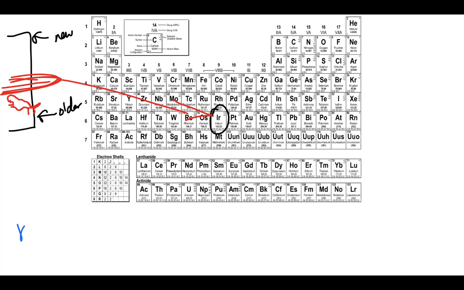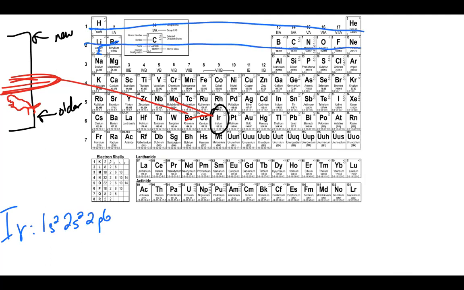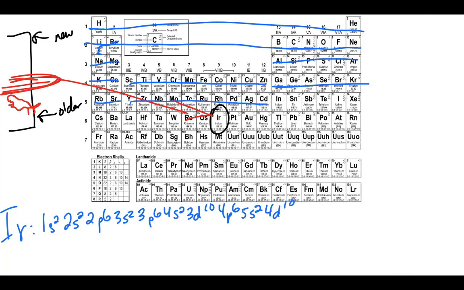Anywho, iridium. So we're going to start off at the beginning: 1s2, 2s2, 2p6. Normally I would point to the periodic table as I'm doing this to track where we're going. 3s2, 3p6, 4s2, 3d10, 4p6, 5s2, 4d10, 5p6, 6s2.